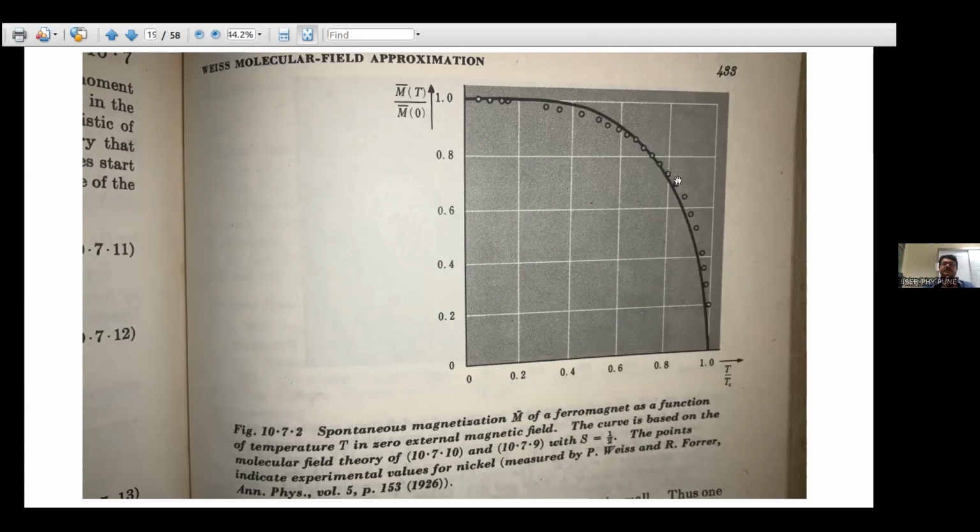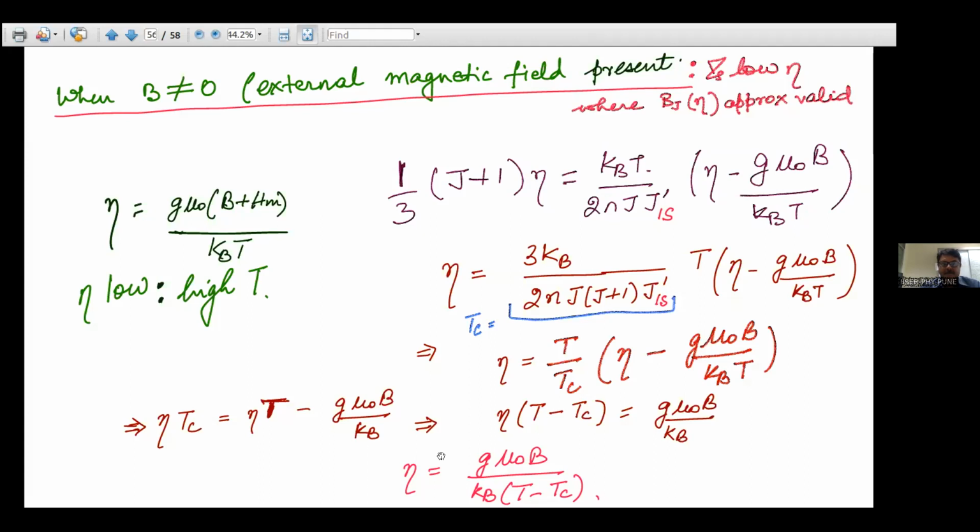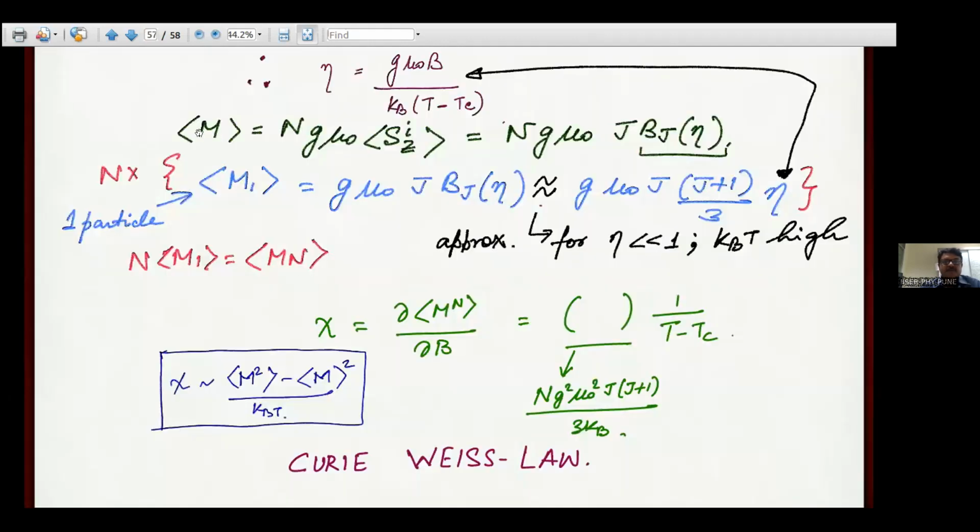So what has been done here? Various values of eta have been calculated at different values of temperature, the solid line, and you try to calculate the mean magnetization from the value of eta, right? So we have solved for eta, and just to go back here, this is the magnetization in general.